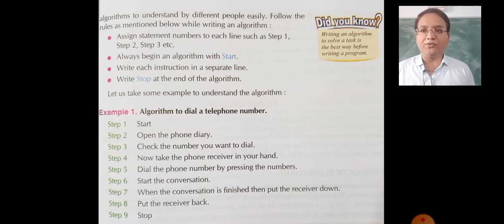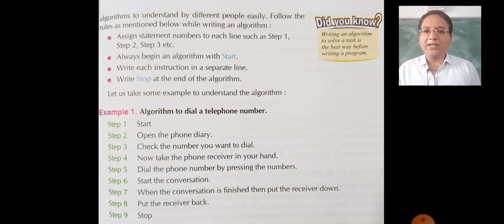Assign a statement number to each line such as step 1, step 2, step 3, etc. Always begin an algorithm with start. Write each instruction in a separate line. Write stop at the end of an algorithm. Got it? These are the rules for writing an algorithm.